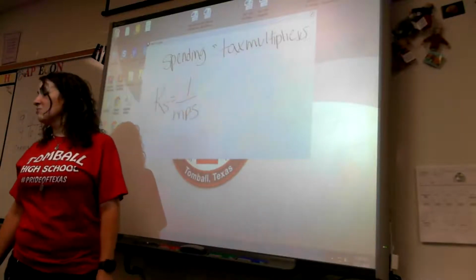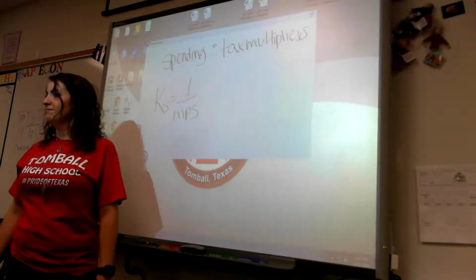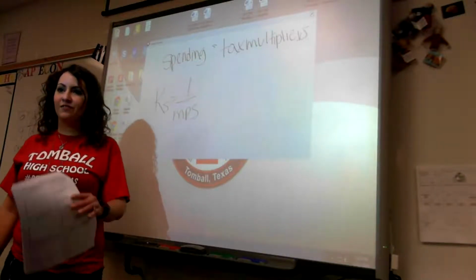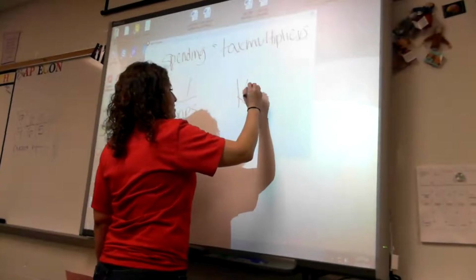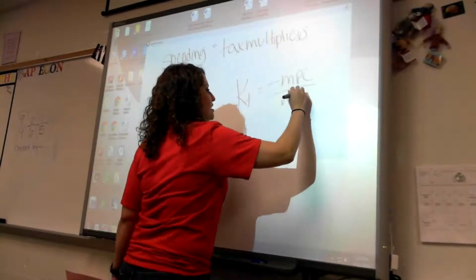Andrew, what's the tax multiplier? Negative MPC over MPS. Okay, the tax multiplier is negative MPC over MPS.